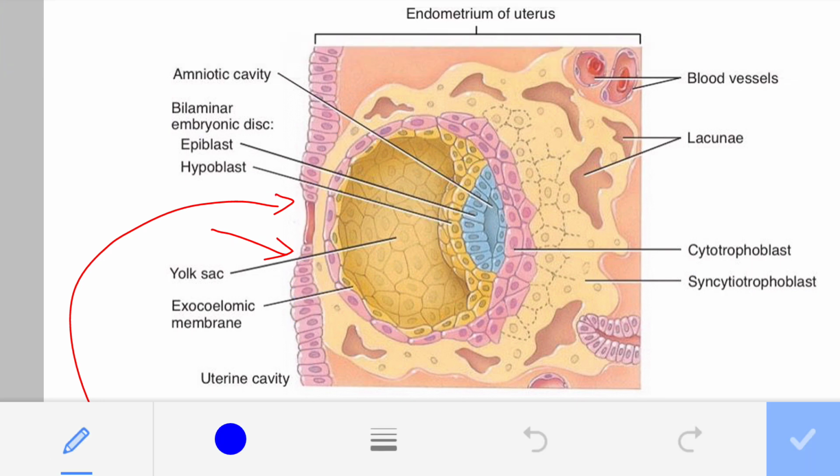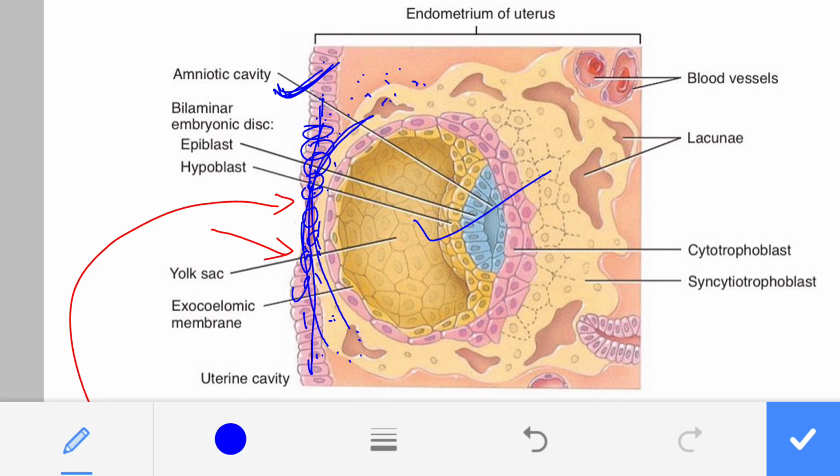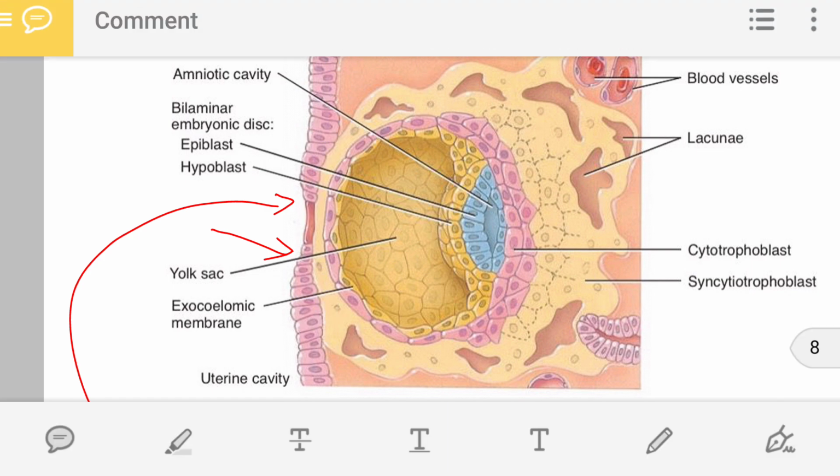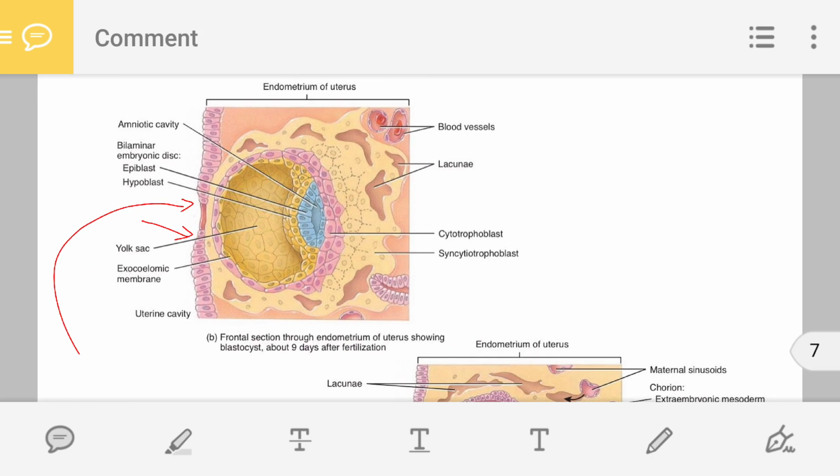Now, since the blastocyst has implanted, this columnar lining epithelium of columnar cells will start dividing again. Here there is a lamina propria, then the uterine gland, and this cellular layer known as the lining epithelium is now covering the blastocyst. So we can say the implantation has completed now.